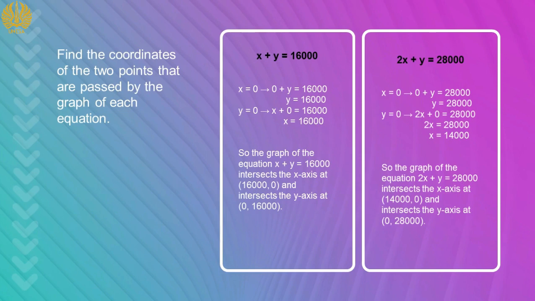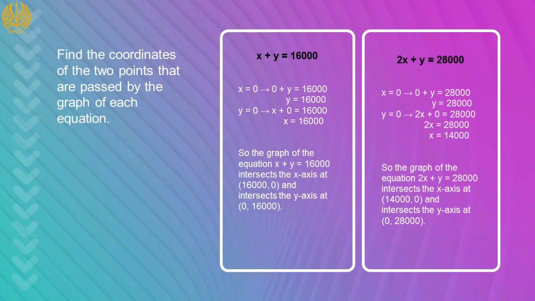And then we find the coordinate of the intersection with respect to the x-axis. So we change the value of y to 0 and input it into the equation. So we get 2x plus 0 is equal to 28,000 rupiah. And then the value of x is 14,000 rupiah.